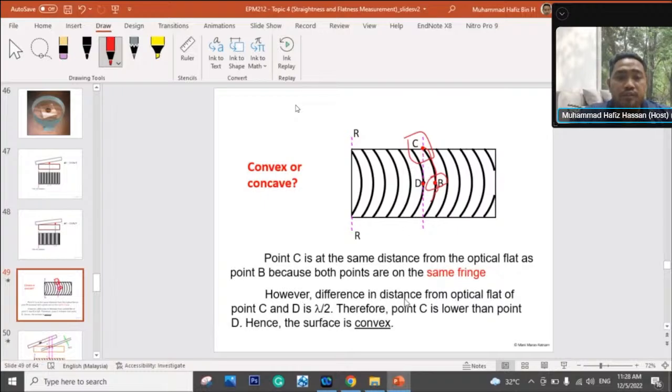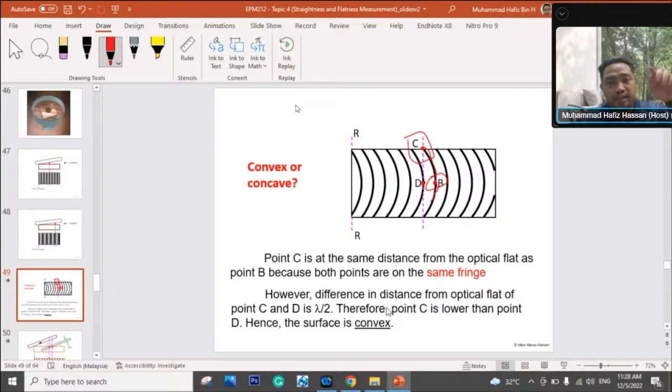However, the difference in distance from the optical flat between point C and D is about half lambda. From the previous formula, each gap for a fringe is about half lambda. Therefore, point C is lower than point D. Hence, the surface is convex.